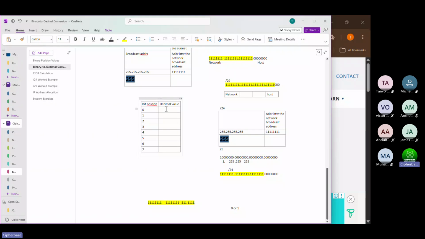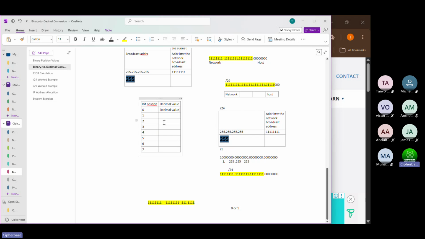Then the decimal value. Now, of course, from our mathematics, it's very simple that if you want to calculate this, we raise everything by 2. That is, this comes from power of 2. That's what I want us to do now.